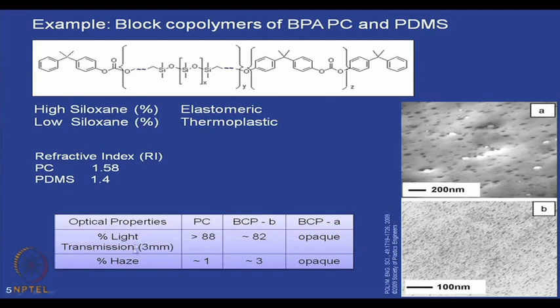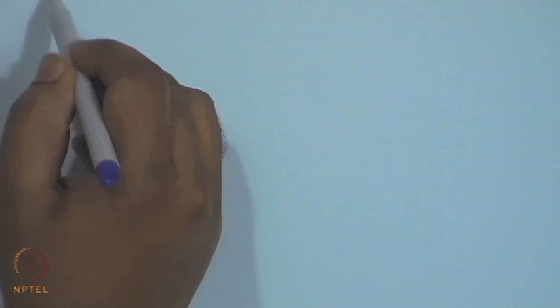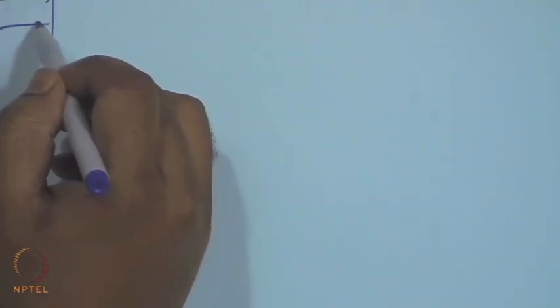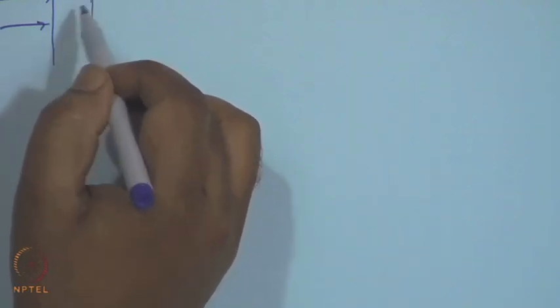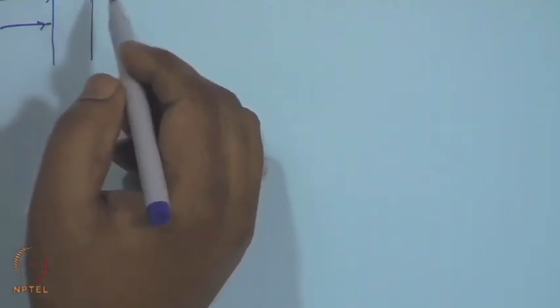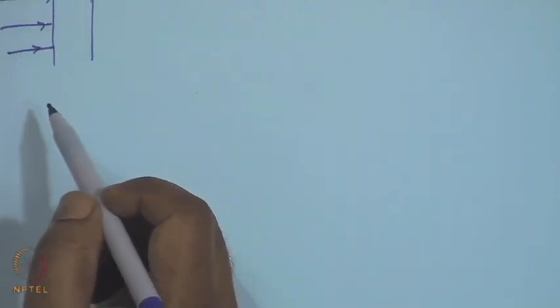Now, let us talk a little bit about the transparency of polymeric matrices. We just learned that when light falls on a plastic material or any material, there could be three possible phenomena.